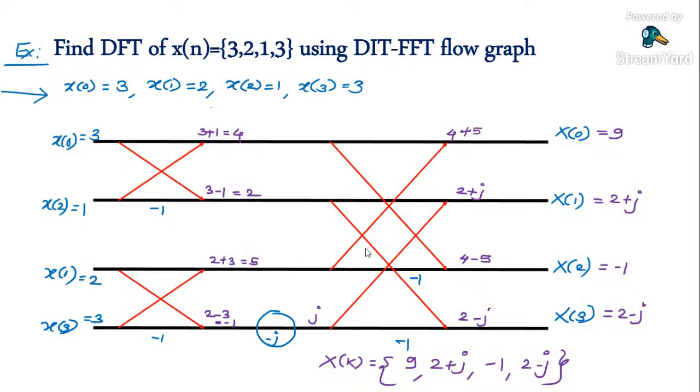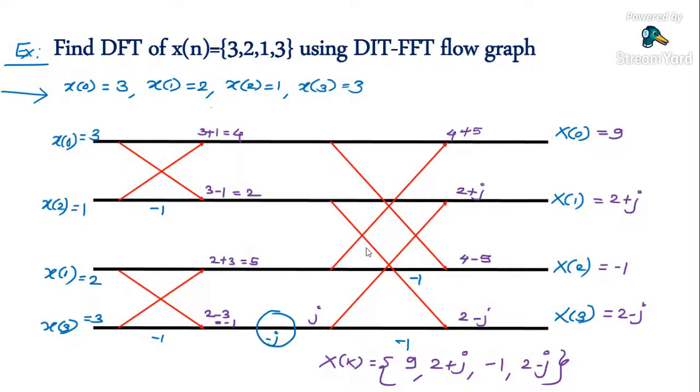It is easy. We know the 4-point DFT is easy to calculate by using the matrix. But if you are going for calculation of an 8-point DFT, it is very difficult to calculate. It will take some time. In the fast Fourier transform, you can save the calculation and the time, and you can easily calculate the answers.